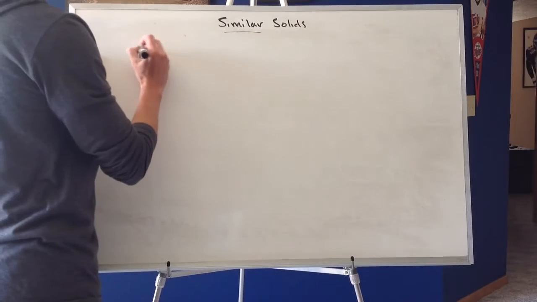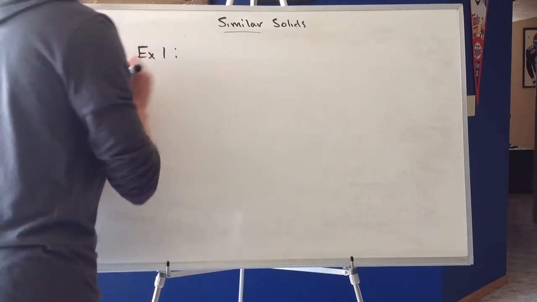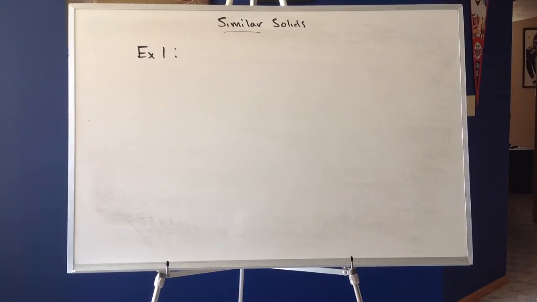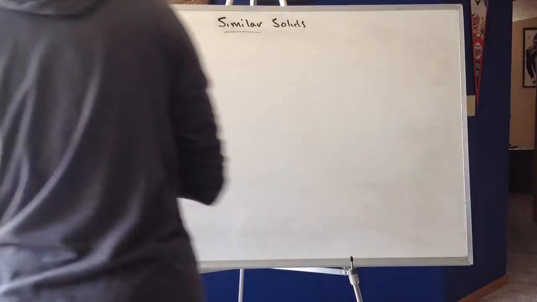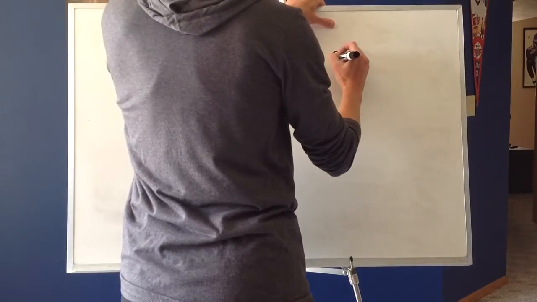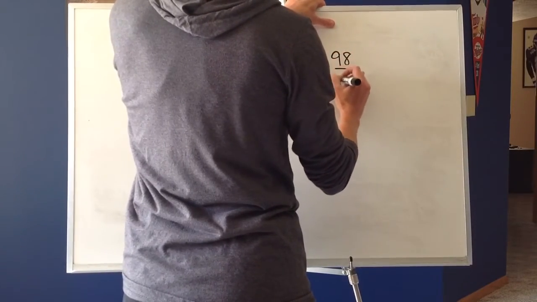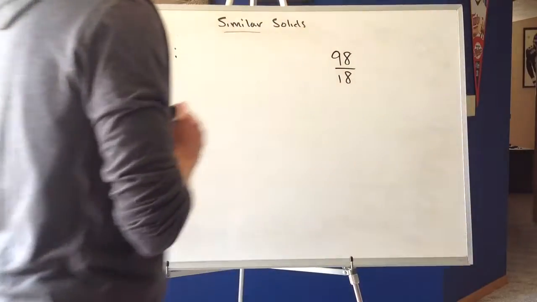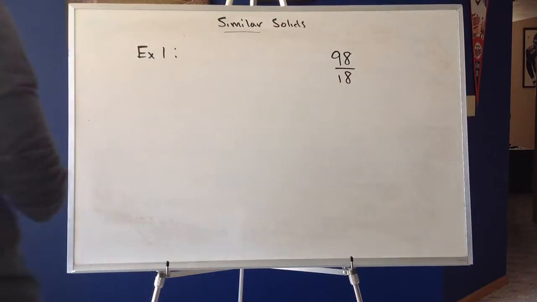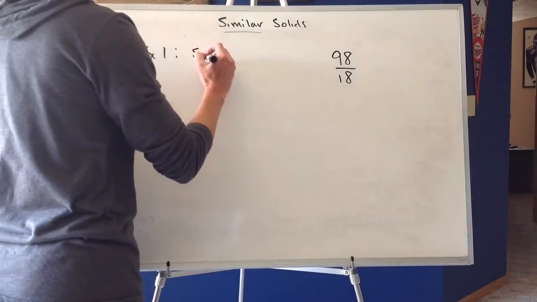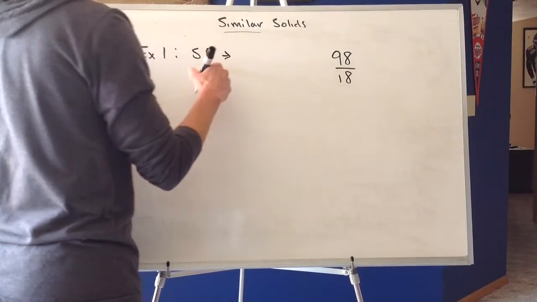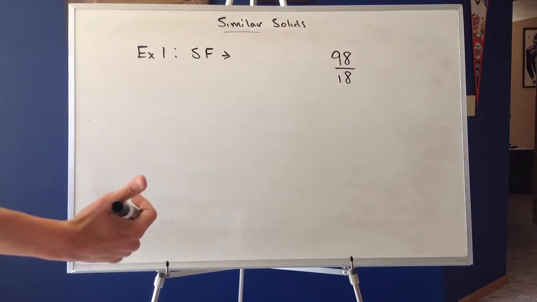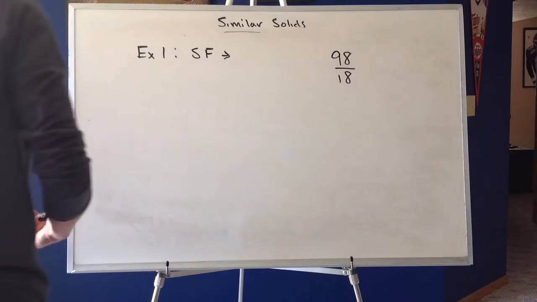So example 1 tells you that you have 2 similar prisms that have surface areas of 98 and 18. What they ask you to find is just the regular scale factor, so that's going back to the bare minimum, going back to one-dimensional.